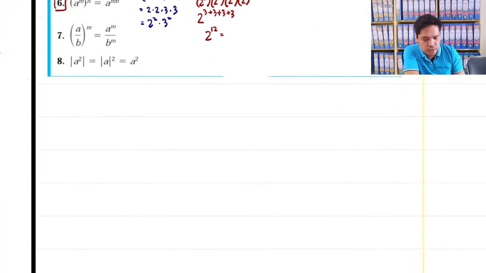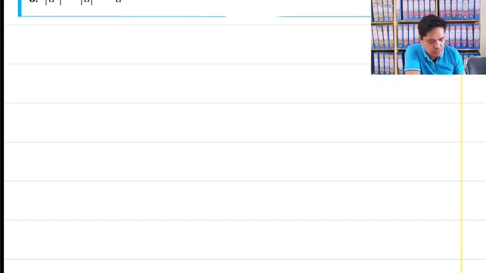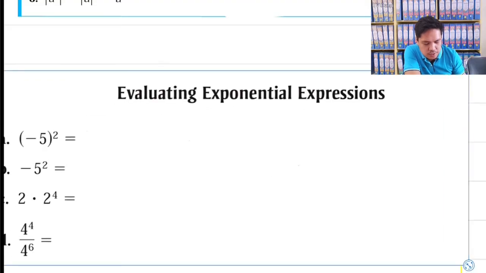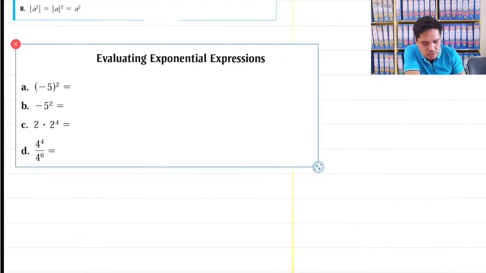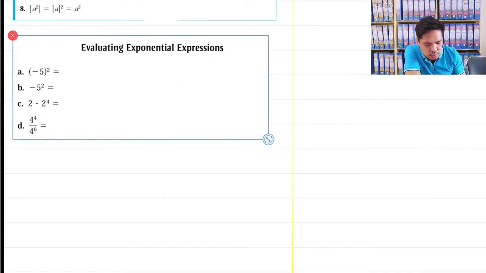So, I think we could proceed to some examples. Wait, let me retrieve some examples. Ito. So, parang mag-problem drills na lang tayo this time. As long as matandaan natin yung mga, or i-practice na lang natin yung mga properties. So, we'll start with this.